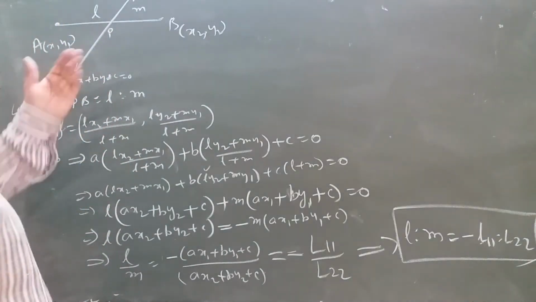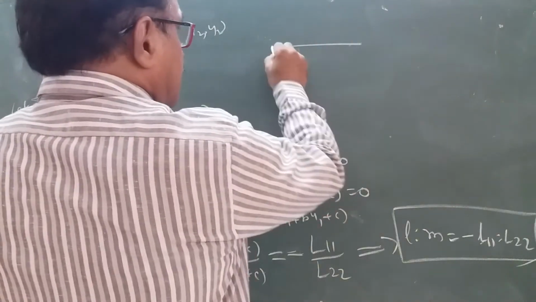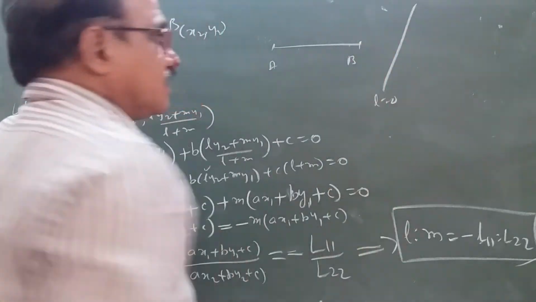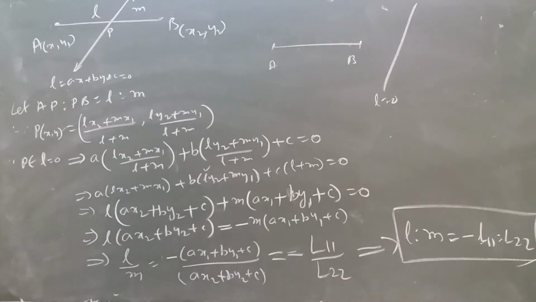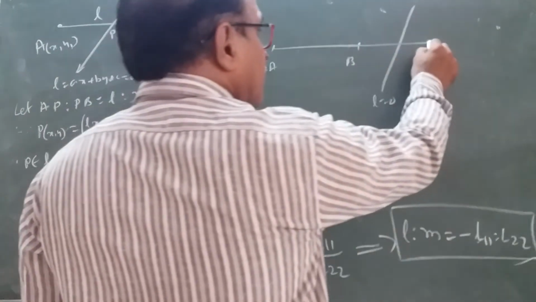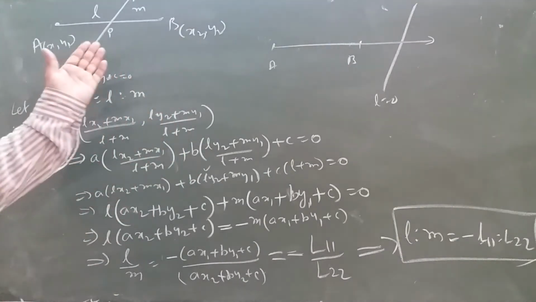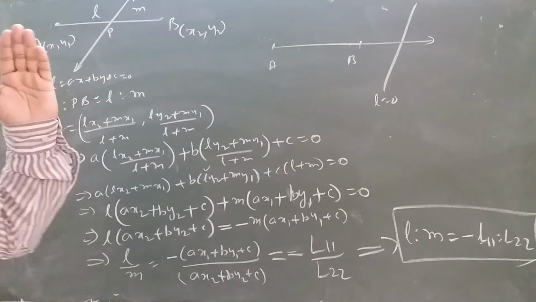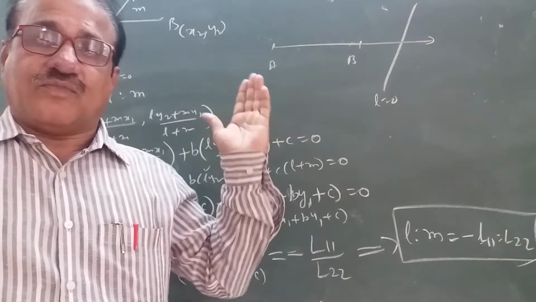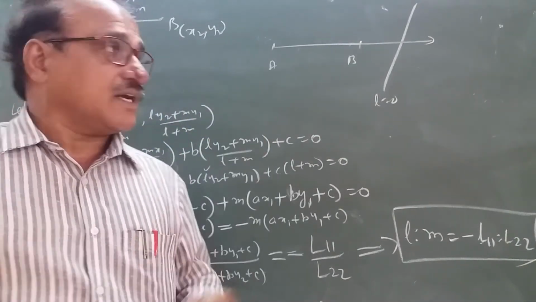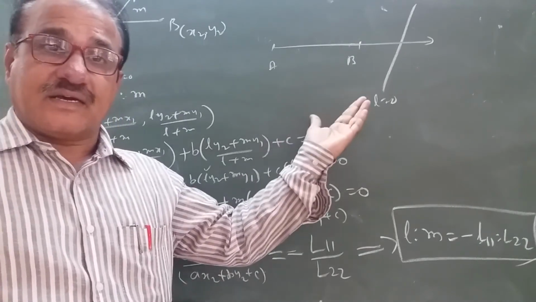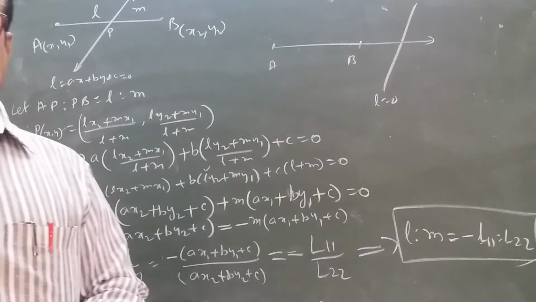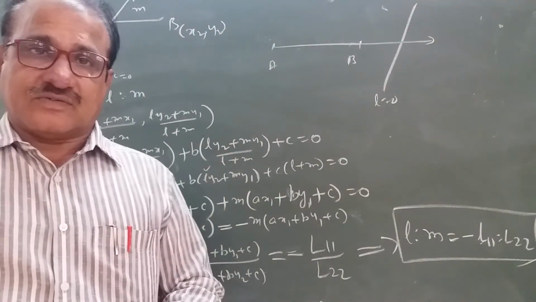L can intersect AB externally, which is also possible. Here L intersects AB internally, that means A and B lie on both sides of the straight line. But here A, B are lying on the same side of the straight line. When and where these two are possible, we have to know.